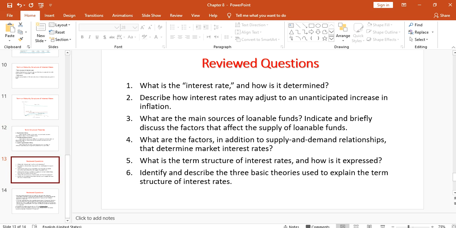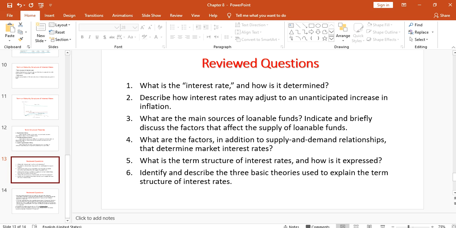Indicate and briefly discuss the factors that affect the supply of loanable funds. So the factors are 6. We have been through them, and the main sources are individuals, actually households, me, you, and other people.